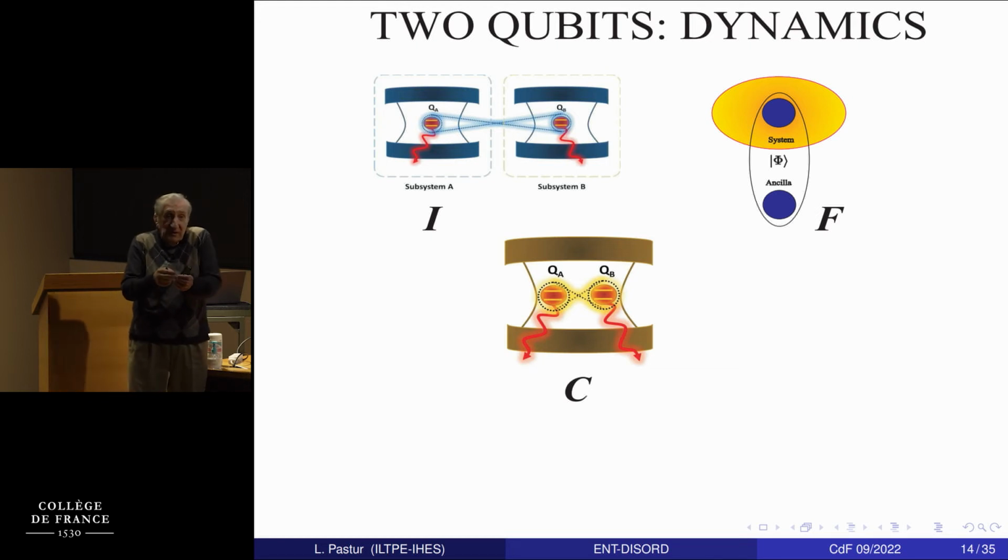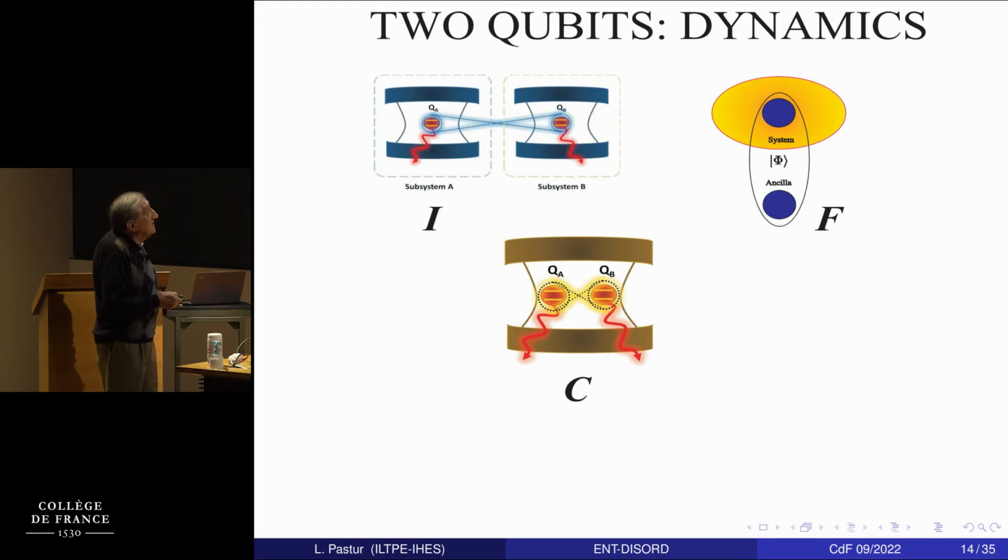You assume that in reality you have two spins embedded in a big environment. If they are far enough from one another, you assume that they do not interact, you have the first scheme. If they are close enough, in that case, you assume the second scheme. And you see that the results are rather different in those two cases.